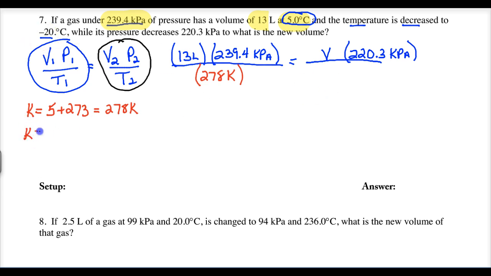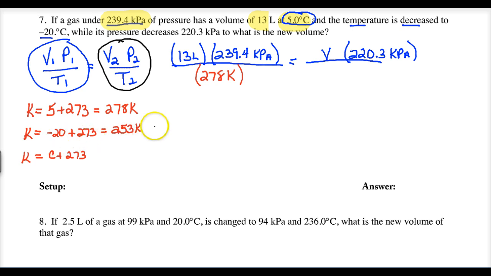So Kelvin equals -20 plus 273. And if you forget how to convert to Kelvin, this formula, Kelvin equals Celsius plus 273, is given to you also in Table T. So when we do this, 273 minus 20 is 253.